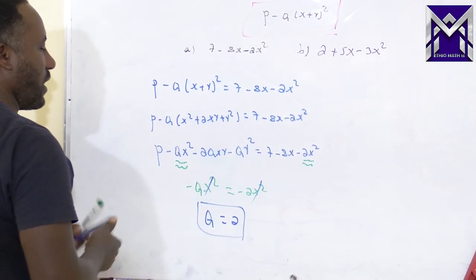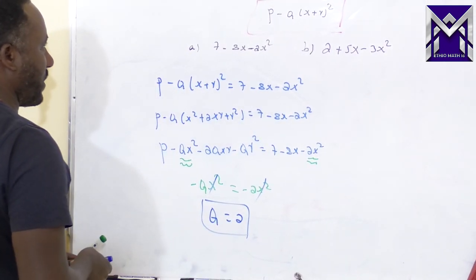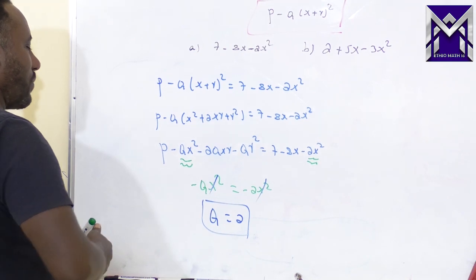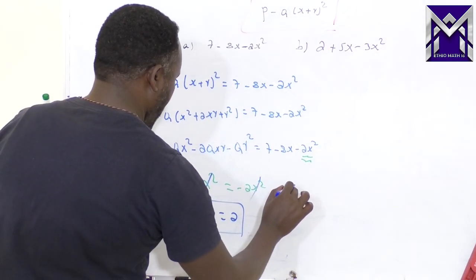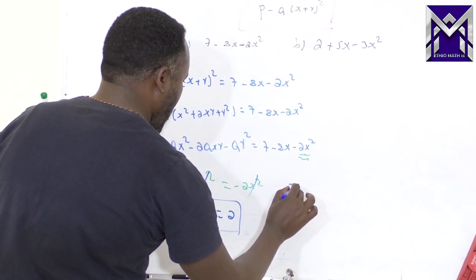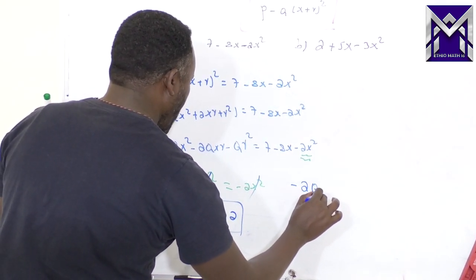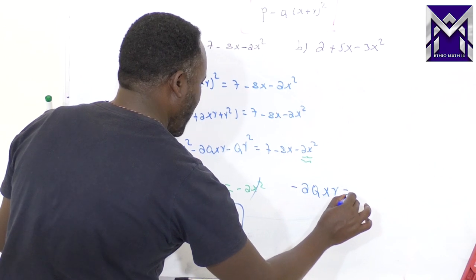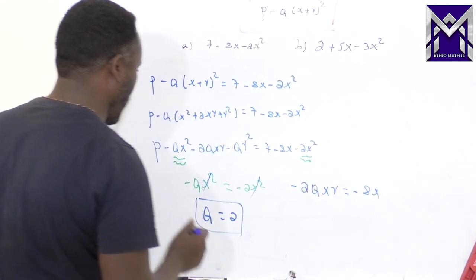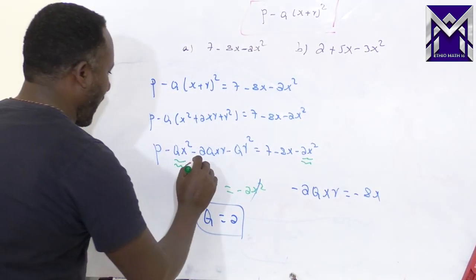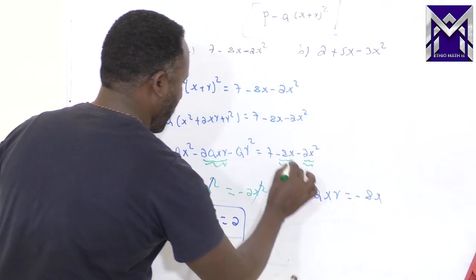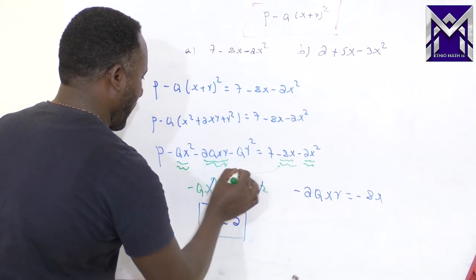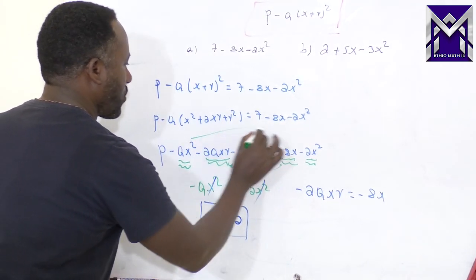The second step is we need to find r. How do we find r? And how do we find p? So the second step: minus 2q xr should be the same as negative 8x. This means the terms with one variable x should be the same.